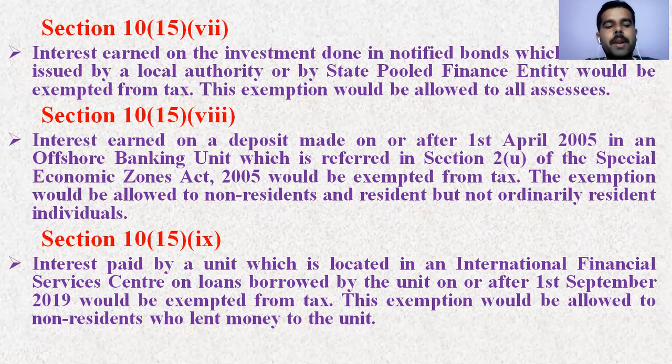Okay, interest paid by a unit which is located in an international financial services center on loans borrowed by the unit. Okay, here what happens, where the international financial services center is located, on that we are going to get some interest. That interest amount should be completely, fully exempted. Okay, the unit borrowed loans on or after 1st September 2019.